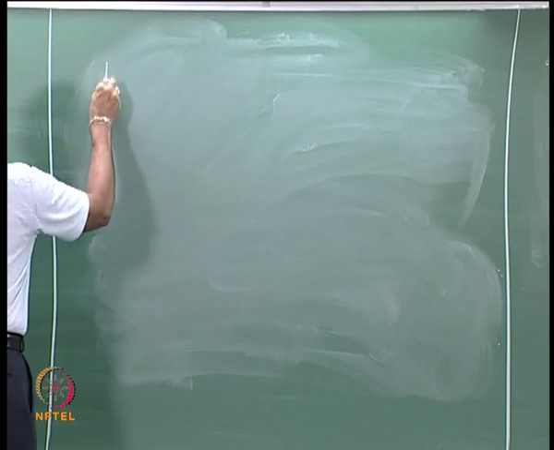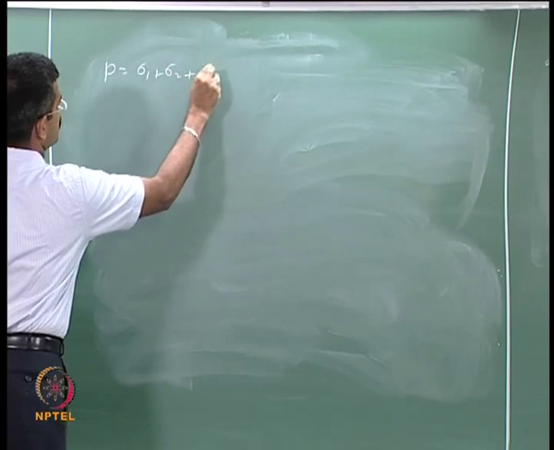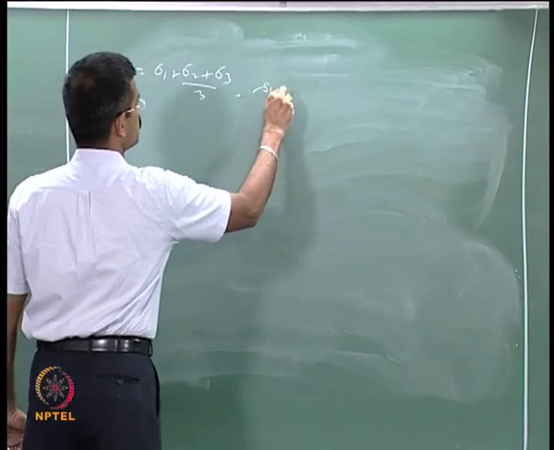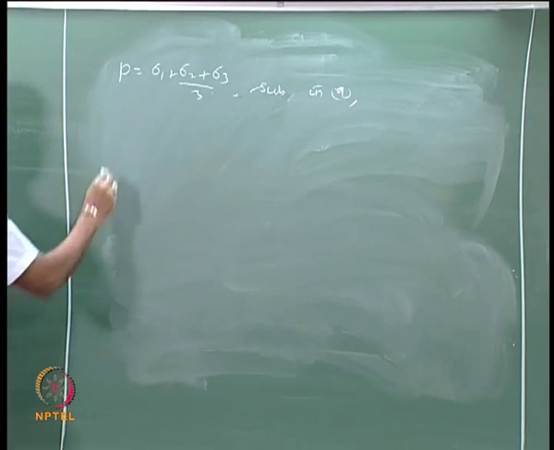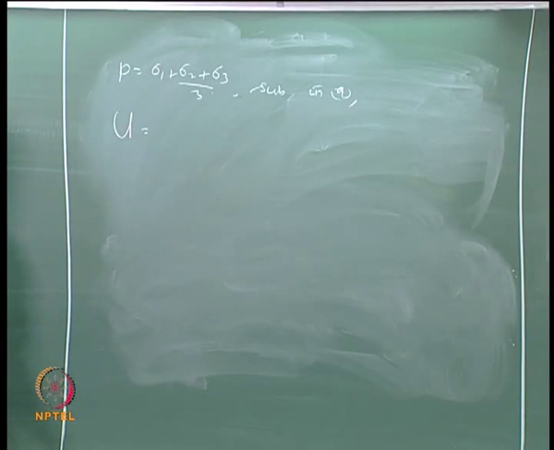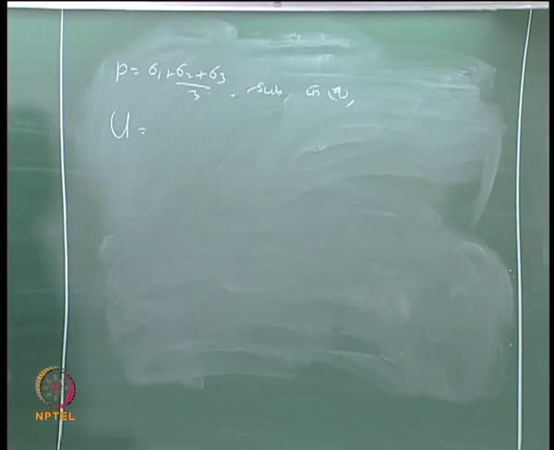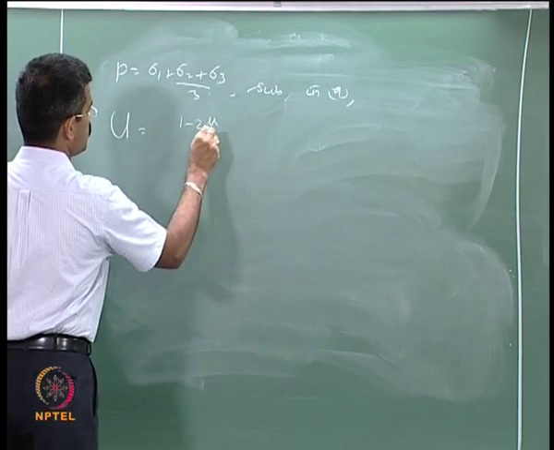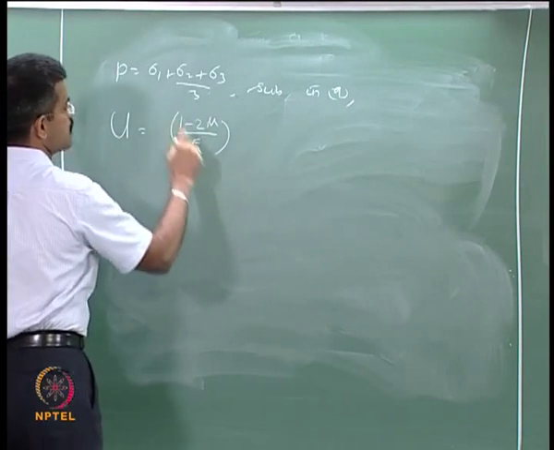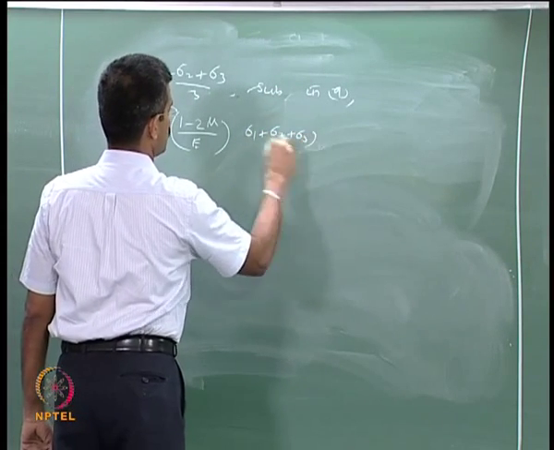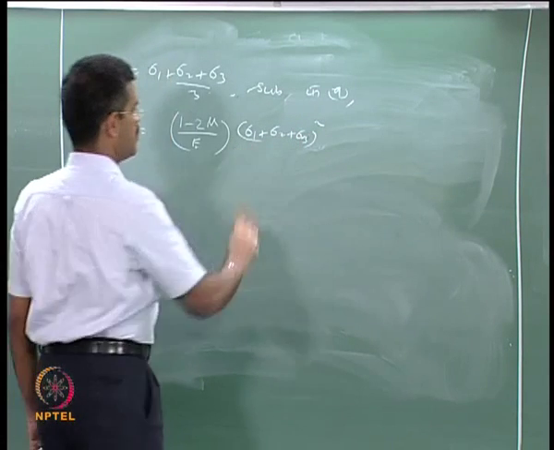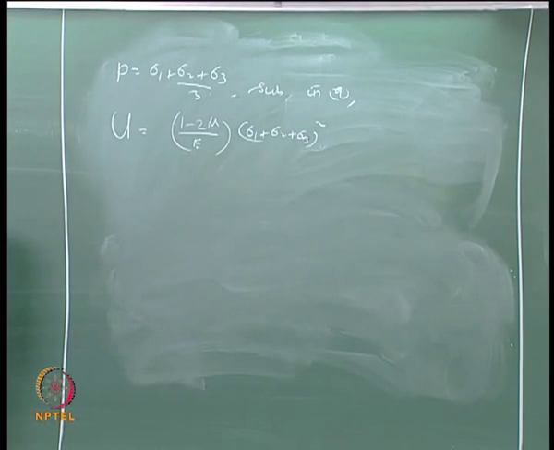So we already know P is sigma 1 plus sigma 2 plus sigma 3 by 3. So substitute in 9, so U becomes 1 minus 2 mu by 6E of, this 3 and this 3 go away, simply sigma 1 plus sigma 2 plus sigma 3 the whole square. Okay. Equation 10.